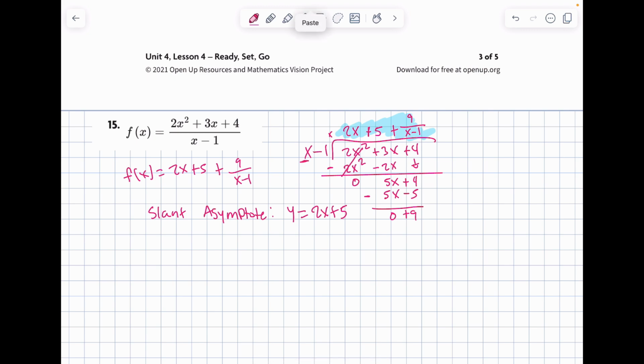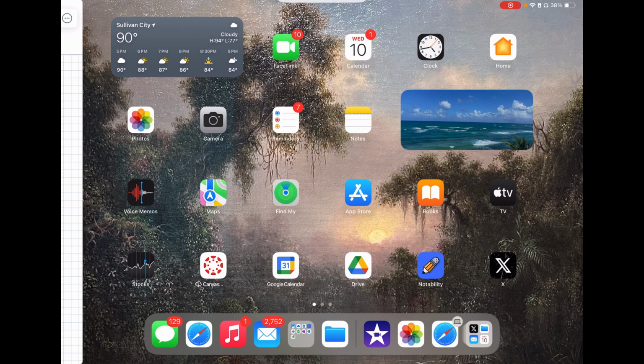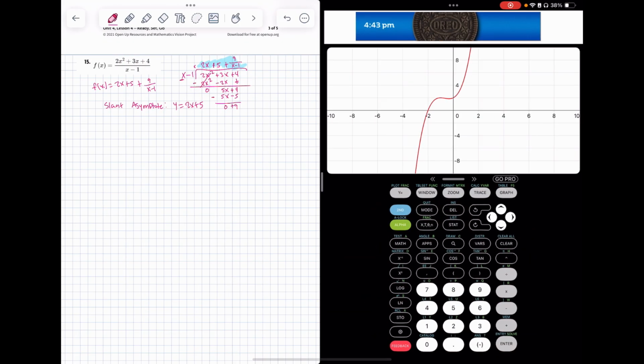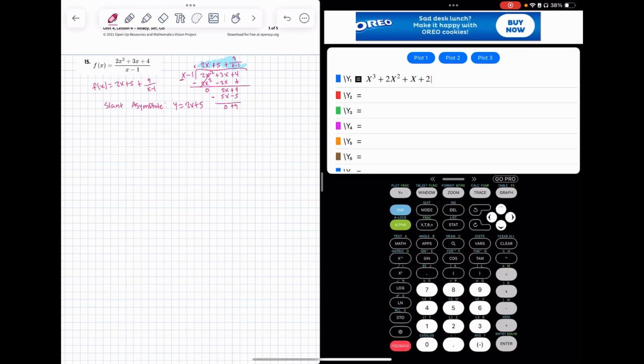Let's see how this looks in a graph. So I'm just going to do this for the fun of it. So 2x squared plus 3x plus 4, dividing that over x minus 1.